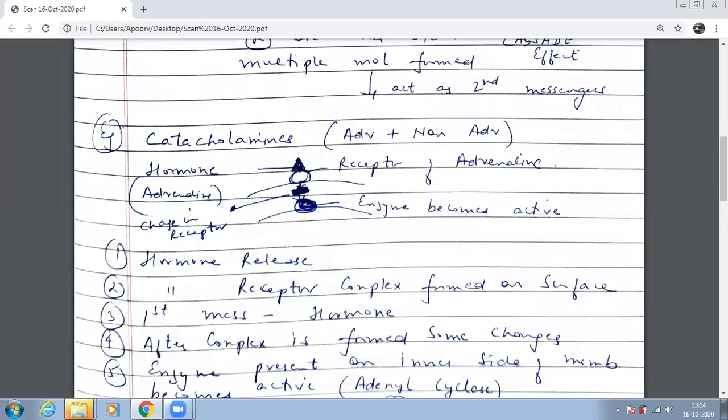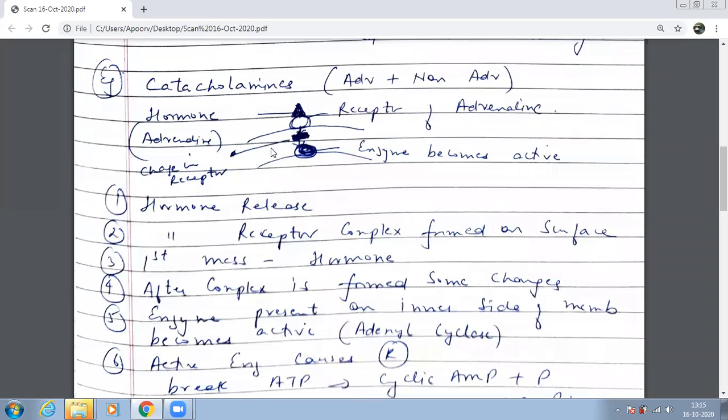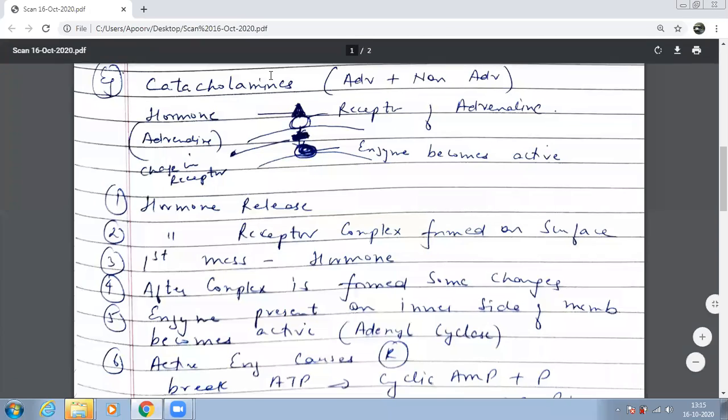So first, your hormone was released. Which hormone in this case will be released? Adrenaline. Where is the receptor for adrenaline present, inside the membrane or on the membrane? On the membrane. It will not take time. Immediately it will go and bind. A complex is formed. So who is the first messenger? Hormone.